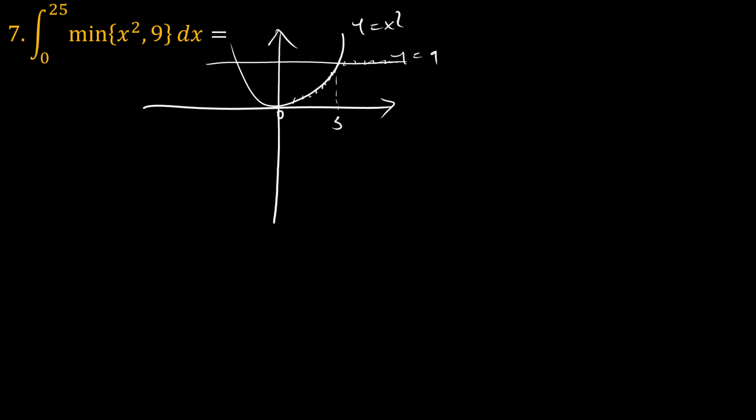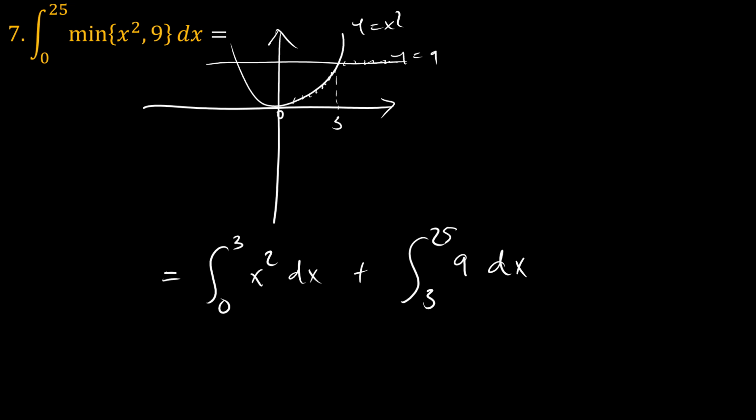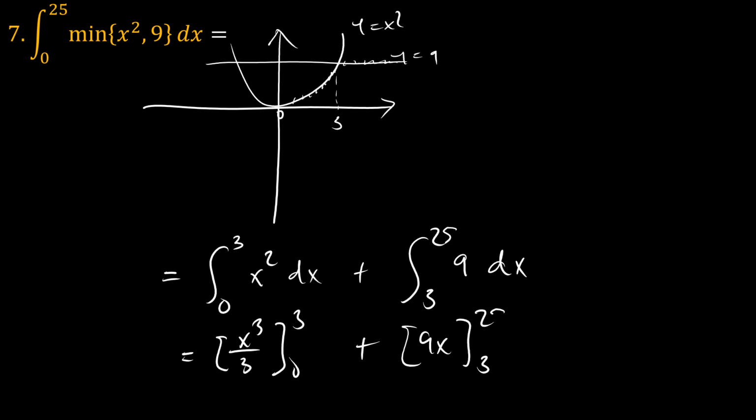So in other words, our problem becomes the integral from 0 to 3 of x squared plus the integral from 3 to 25 of just 9. And that becomes x cubed over 3 from 0 to 3 plus 9x from 3 to 25.